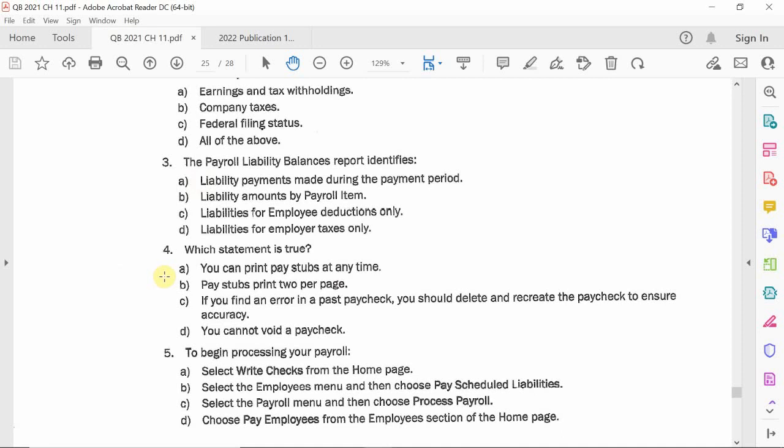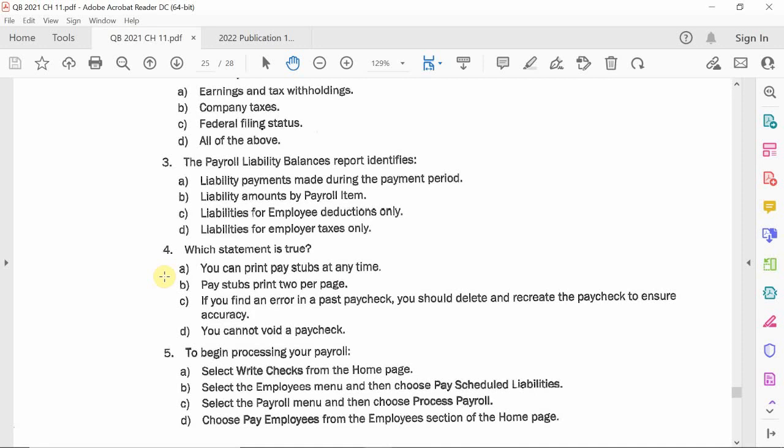Number 4, which statement is true? A. Yes, A is true. Let's take a look at the answers. A, you can print pay stubs at any given time. Yes, right?